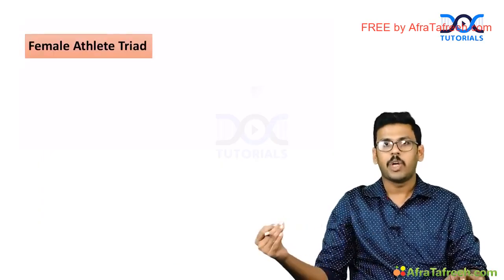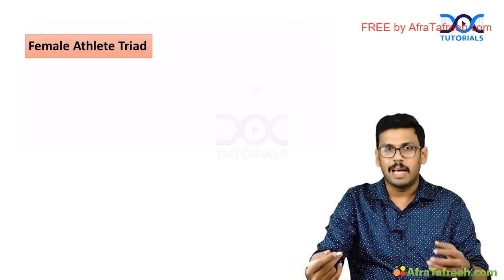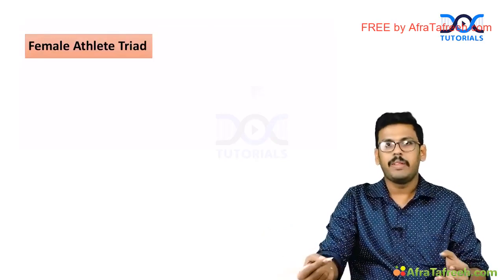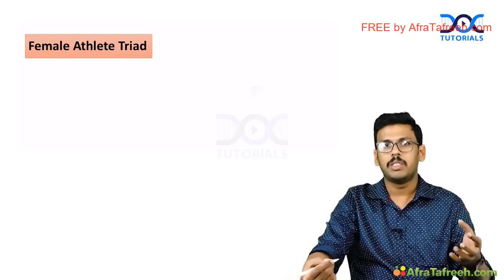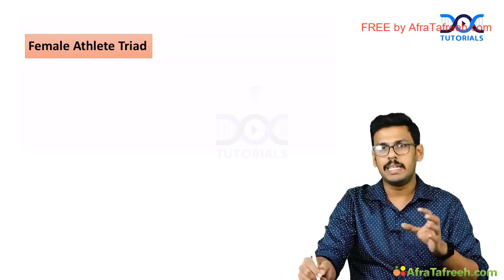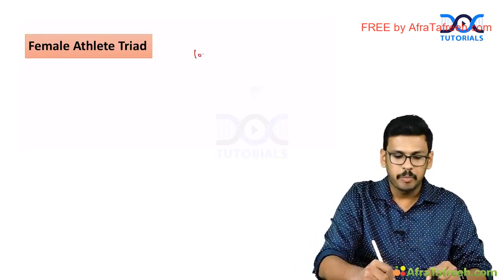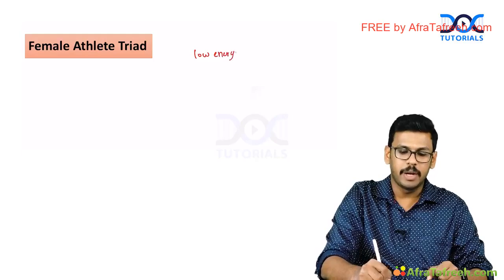Now, before going into the topic proper, I'd just like to discuss a few points of female athlete triad. Female athlete triad is in fact a terminology coined by the American College of Sports Medicine in 1990, where they observed the relation between low energy availability.